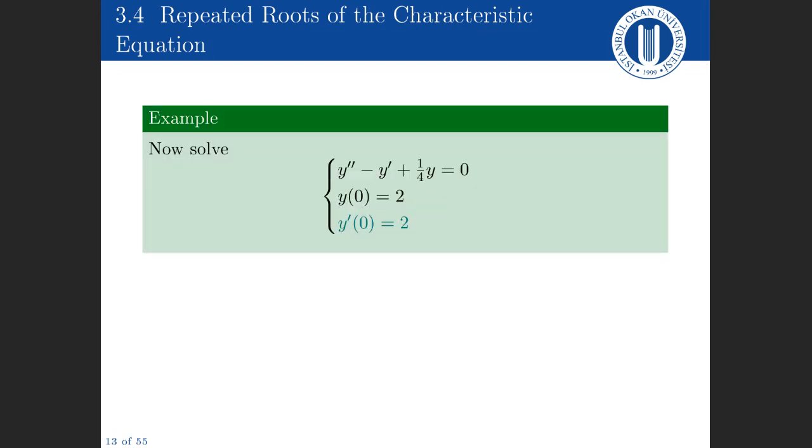First, another example. Solve y double prime minus y prime plus 1/4 y is equal to 0 with the initial conditions y of 0 is equal to 2, y prime of 0 is equal to 2. This is almost the same as the previous example, but now I've changed the second initial condition.